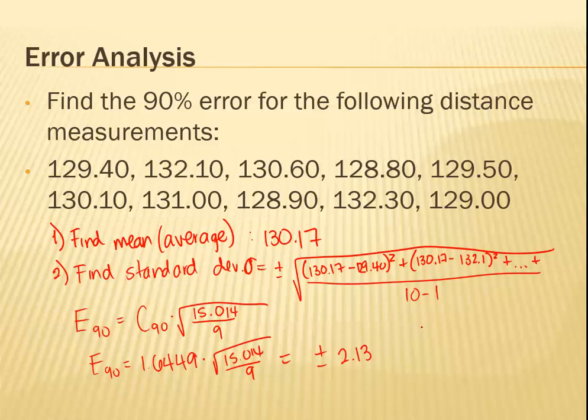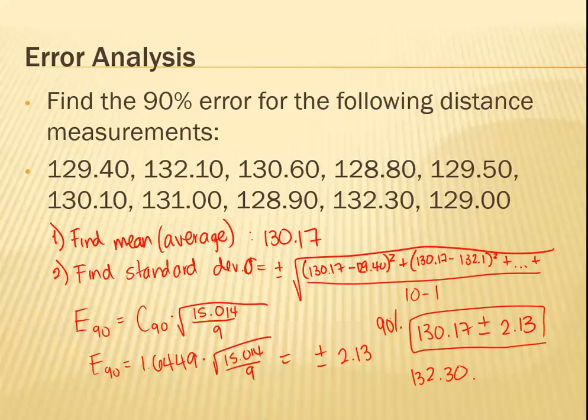That means that my measurement is 130.17 plus minus 2.13, and I'm really only 90% sure that any individual measurement will fall in this range, and this range covers 132.30 to, sorry, I should have done it like this, 130.17 minus 2.13, which is 128.04, right?